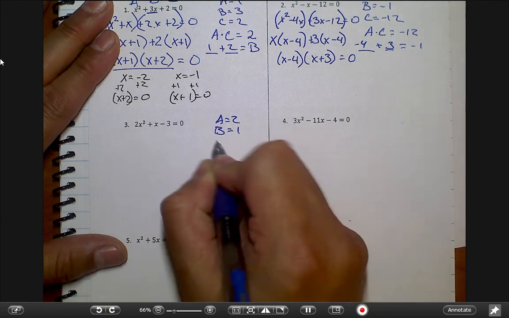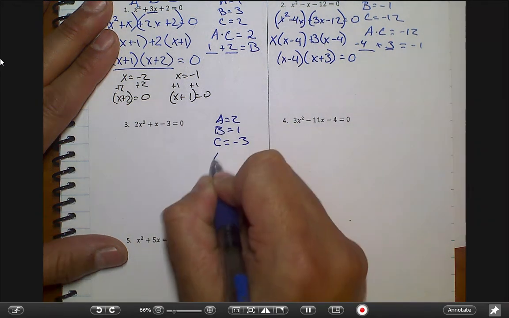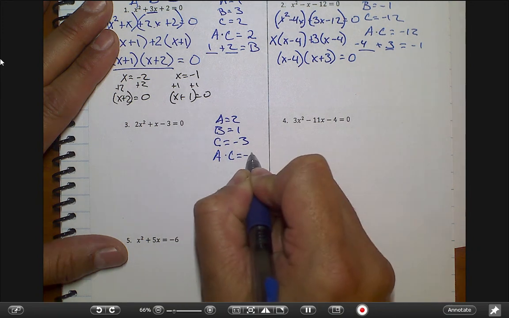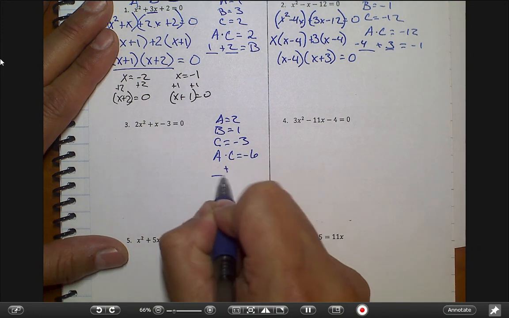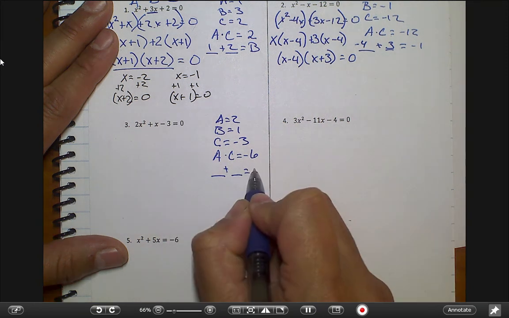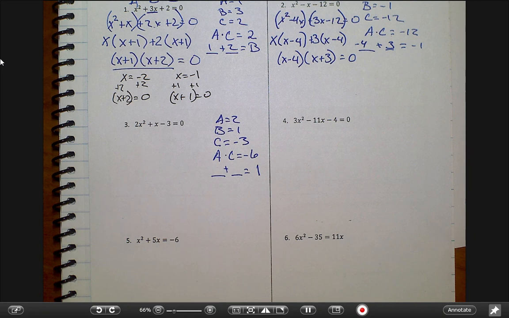B is 1. C is negative 3. So A times C is negative 6, right? And they have to add together to be whatever my B is. In this case, it's 1. So, two numbers that multiply to be negative 6, but add together to be positive 1.